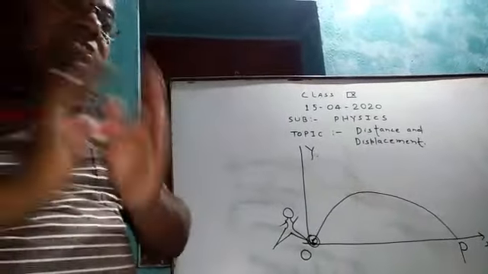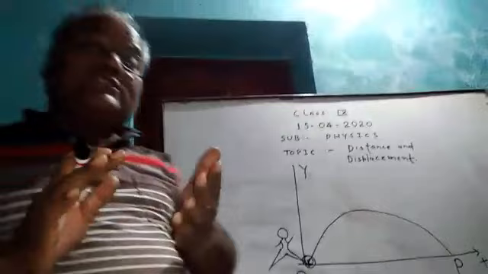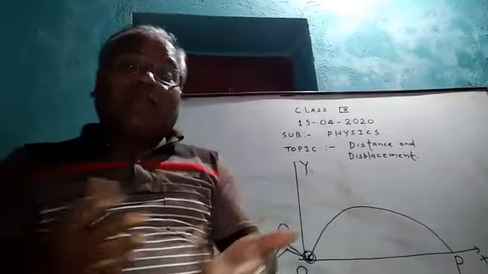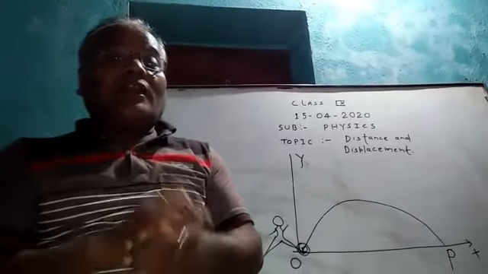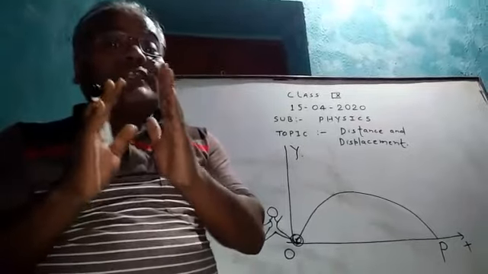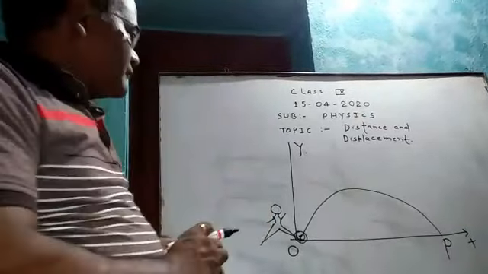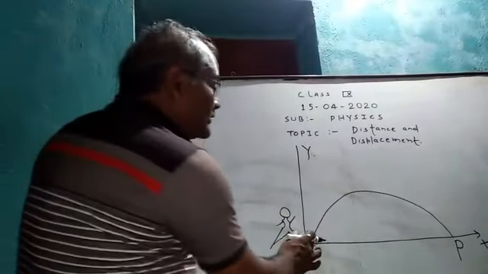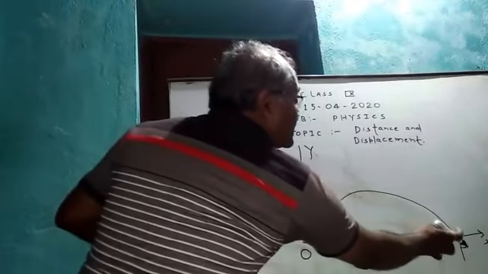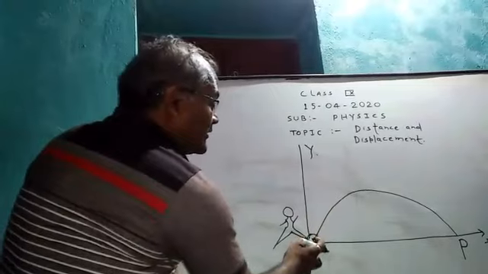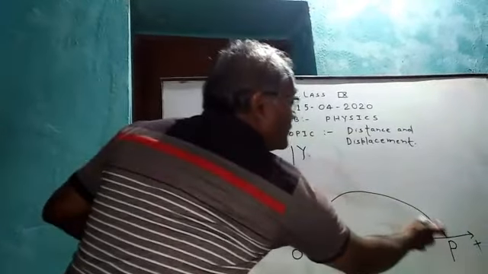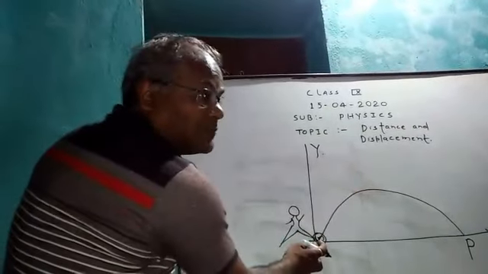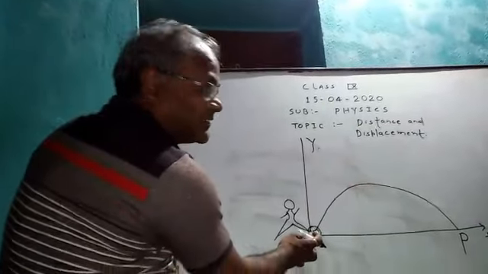Then in this case we will discuss how you can get the value of distance and how you can get the value of displacement. The length of this curve will represent distance.